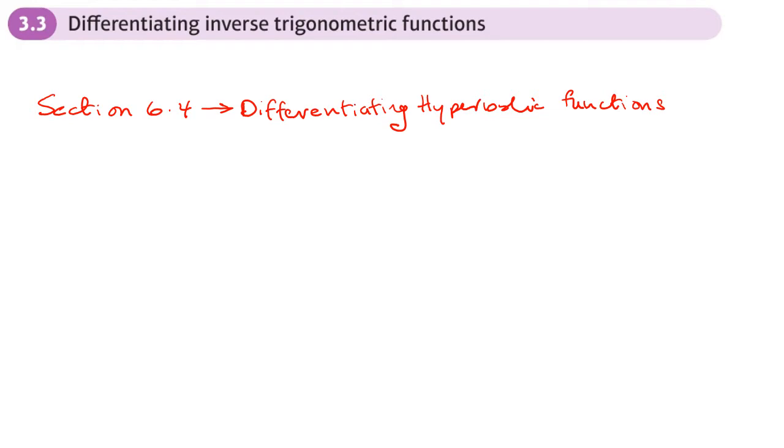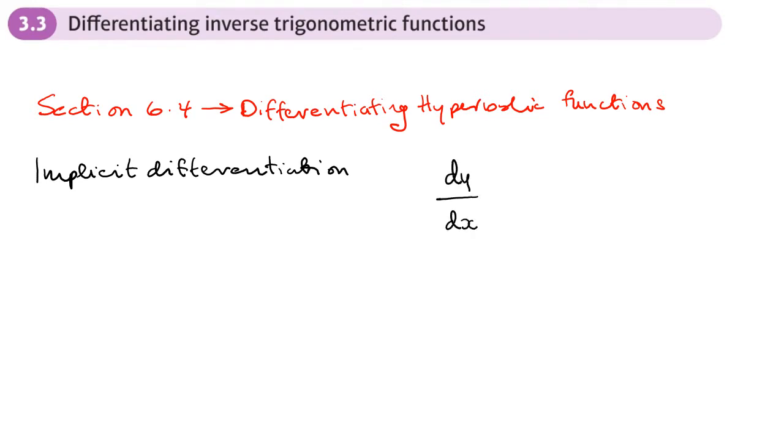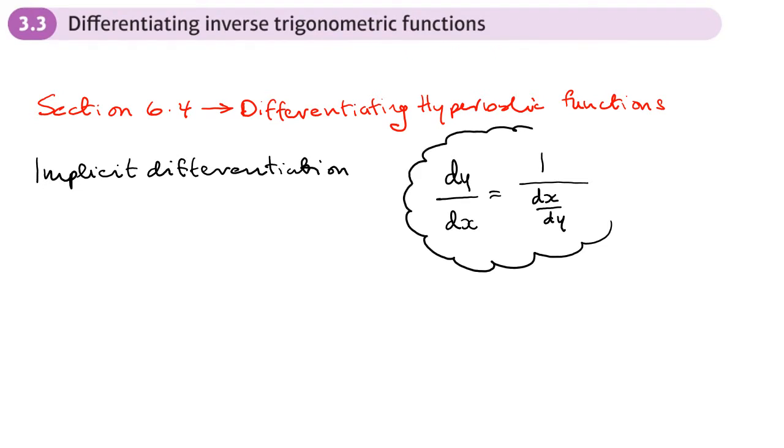And what we're going to use is a method called implicit differentiation. Normally we're so used to doing dy dx, and we can find, well, that's the same as 1 over dx dy. They're reciprocals of each other. That's basically implicit differentiation.